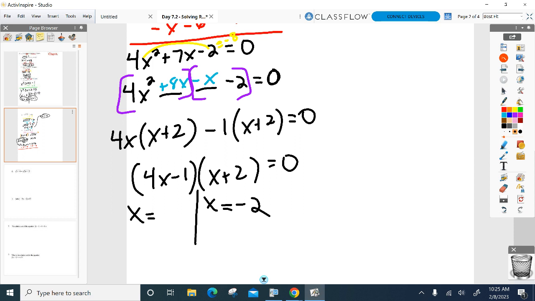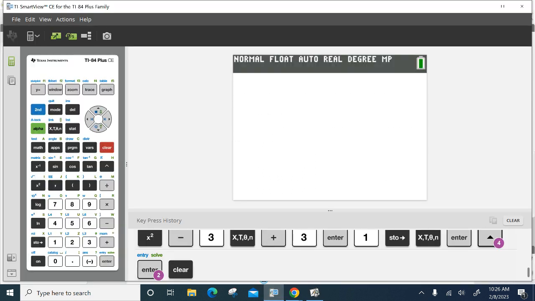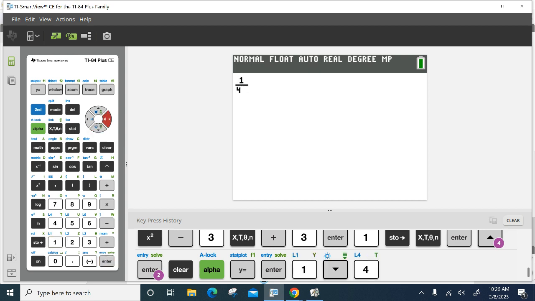And the other one, move the 1 over and divide by 4, right? x equals 1/4. All right, we may want to check these out. Hint, hint. Let's do it together here. 1/4 stored in for x.